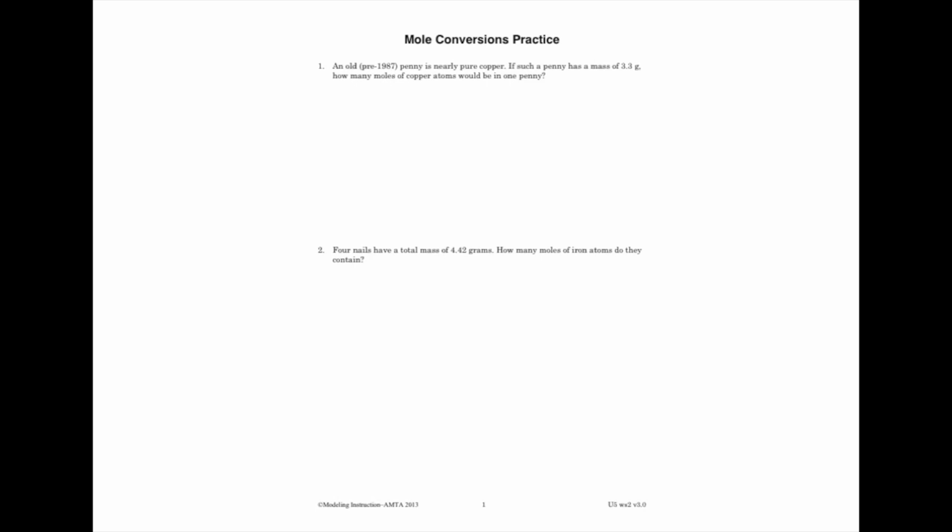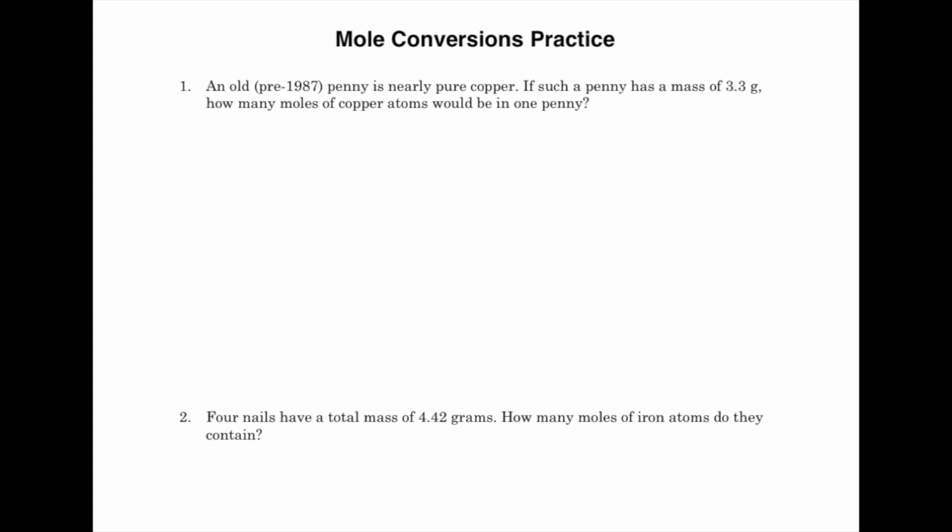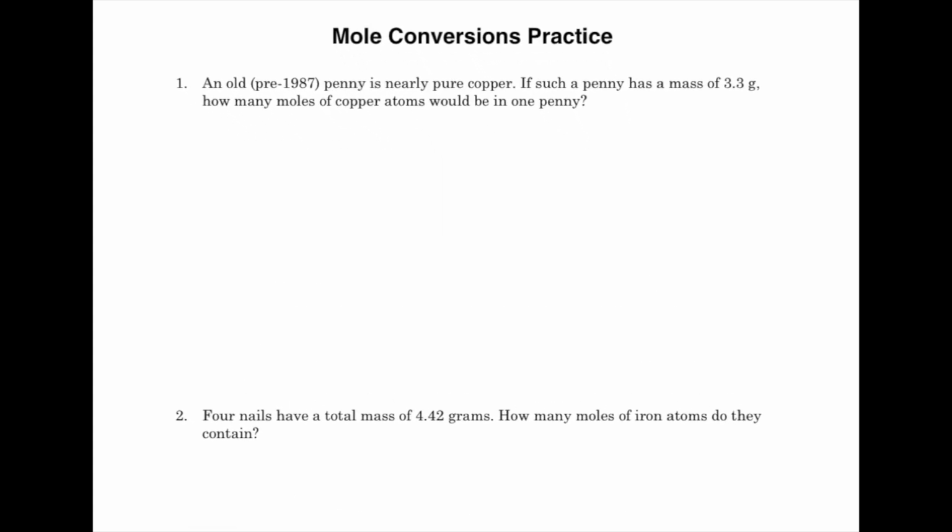All right, so for this first problem here, it tells us that we have an old penny that is nearly pure copper. So if such a penny has a mass of 3.3 grams, how many moles of copper atoms would be in that particular penny? So we'll start with our 3.3 grams of copper. All right, we'll find our molar mass of copper from the periodic table.